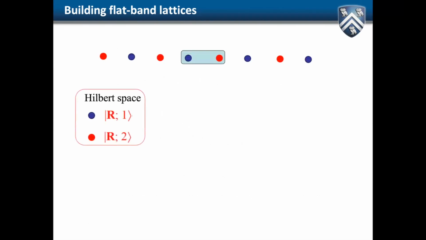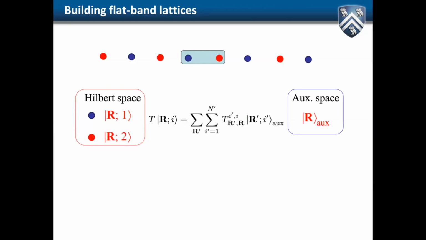So let me give a very simple example. Again, a 1D example, let's say it's a two-band model. So each unit cell contains two sites, blue and red. And the auxiliary space should be smaller than the Hilbert space, so in the auxiliary space each unit cell has just one site. Let me pick the T matrix like this one.